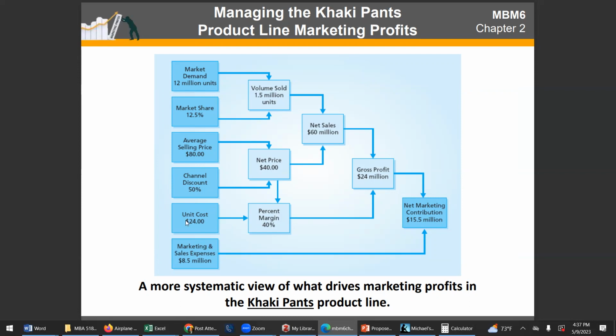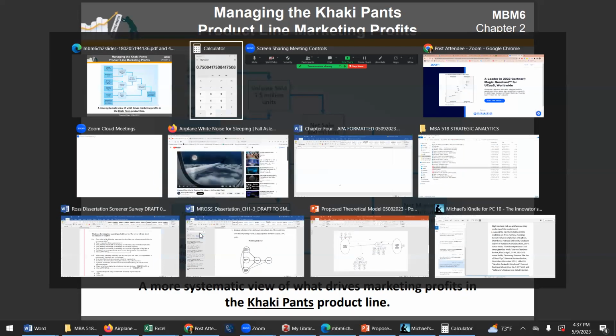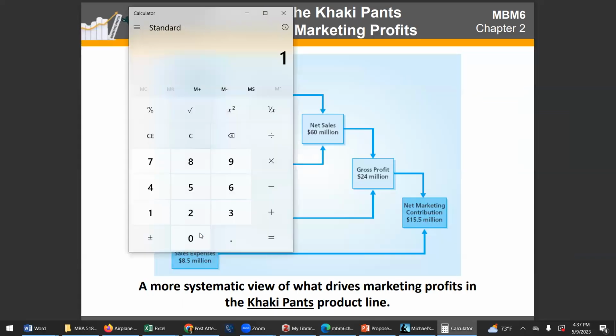What's my unit cost, right? So my margin 24 into 40, or 16 into, let's see. Wow, this is dangerous when you try to do math on the fly here. Okay, my math nerd comes out.